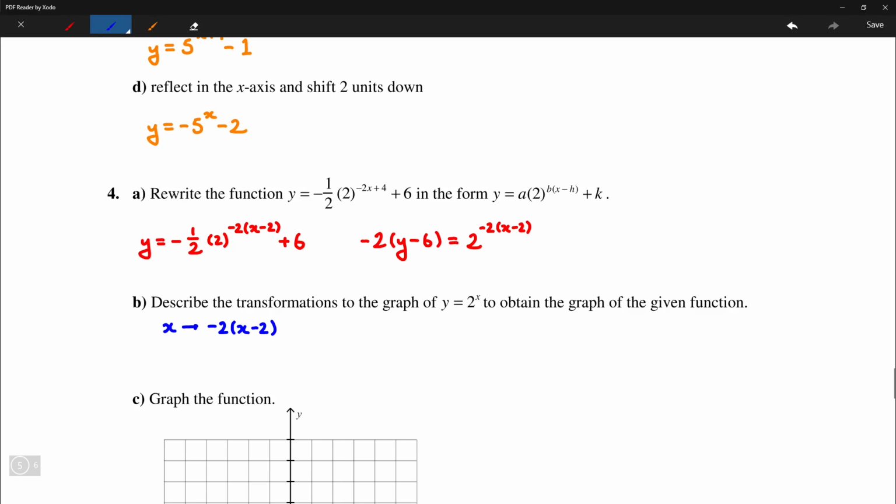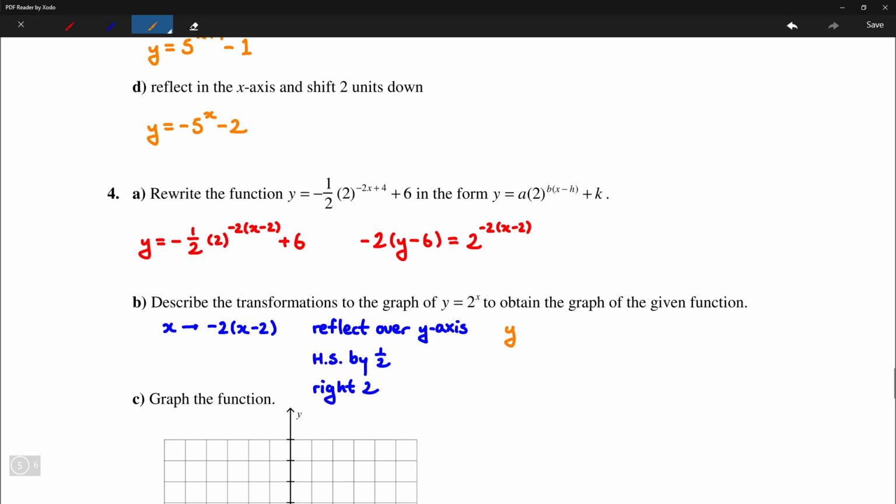Number 1, there is a reflection over the y-axis. Secondly, there is a horizontal stretch by 1/2. And finally, the graph was moved right 2 spaces. Now we can look at the y variable as well.